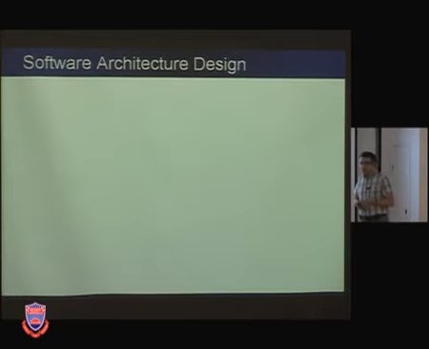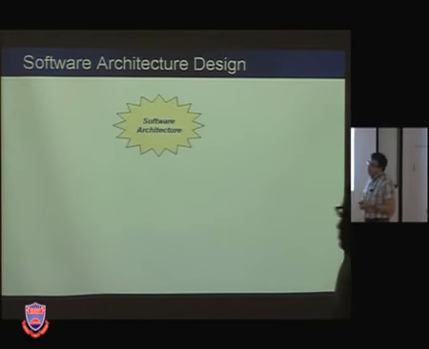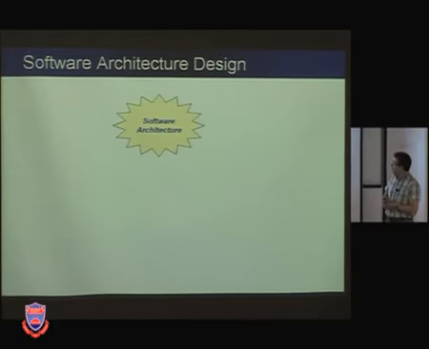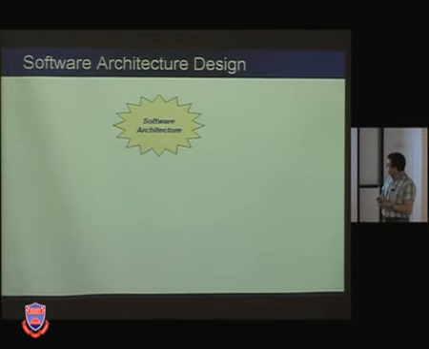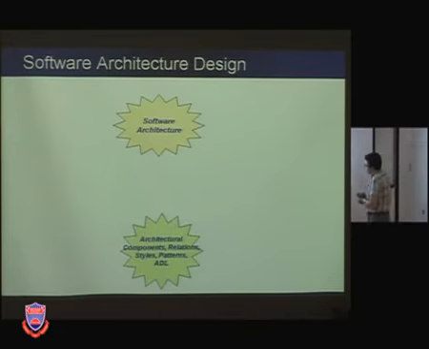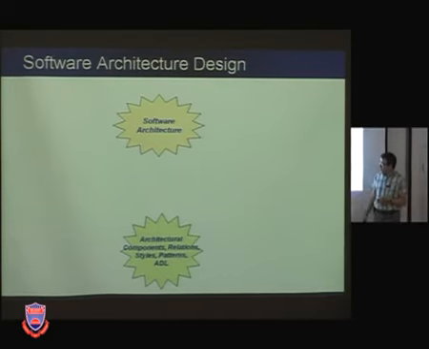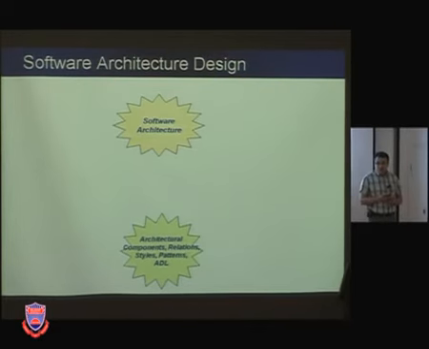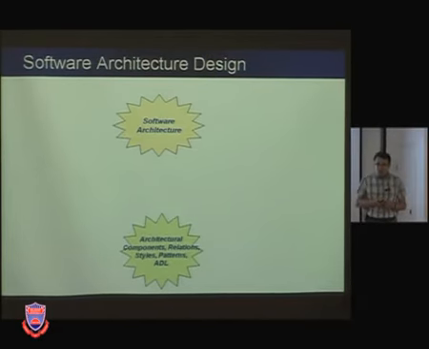So what's software architecture design then? Typically we have to define software architecture. What are our models and the artifacts, architecture components, the relations, patterns, so ADL. And what's the method?